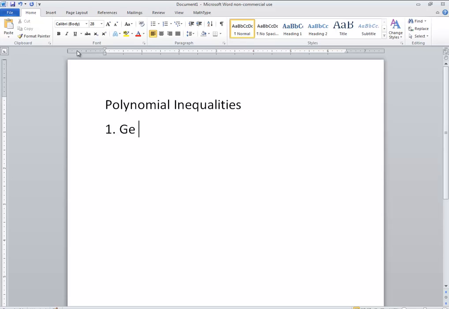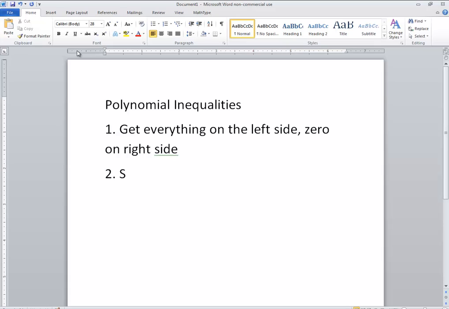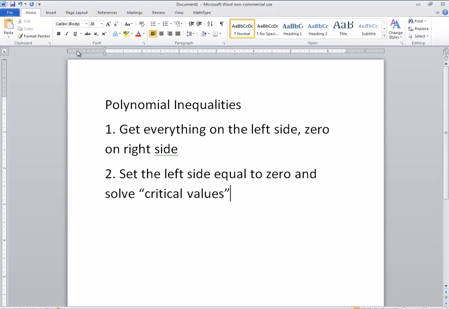Step 1, get everything on the left side, 0 on the right side. Step 2, set the left side equal to 0 and solve. And these are your critical values.